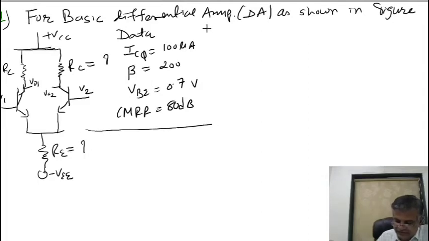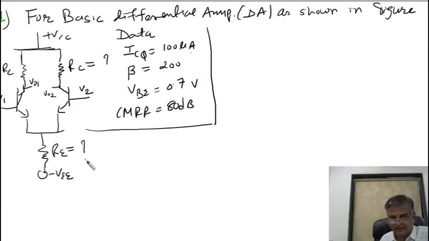This is the information they have given: ICQ 100 microampere, beta 200, VB 0.7, CMRR 80 dB, and calculate the value of RC and RE.